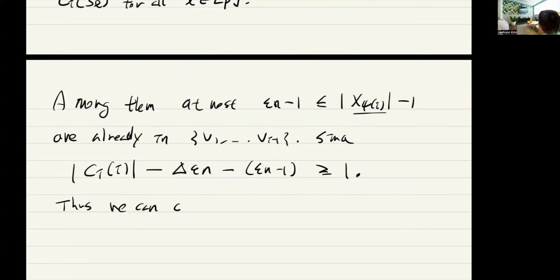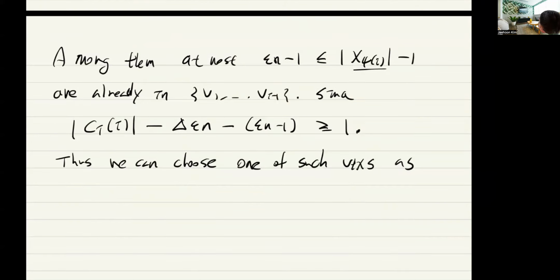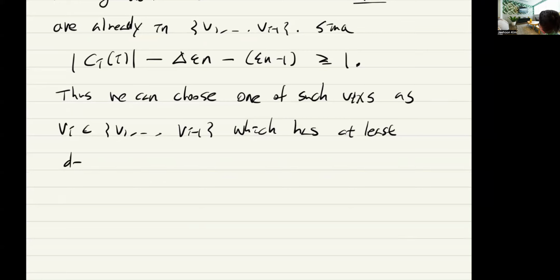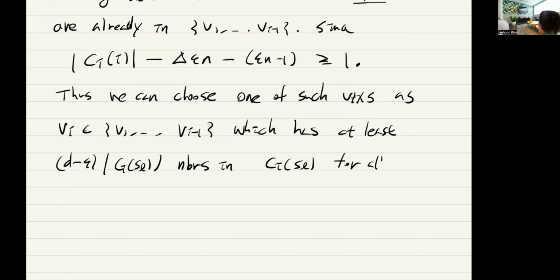Thus, we can choose that as phi i, which has at least d minus epsilon times C_i of SL neighbors in C_i of SL for all L between 1 and P.